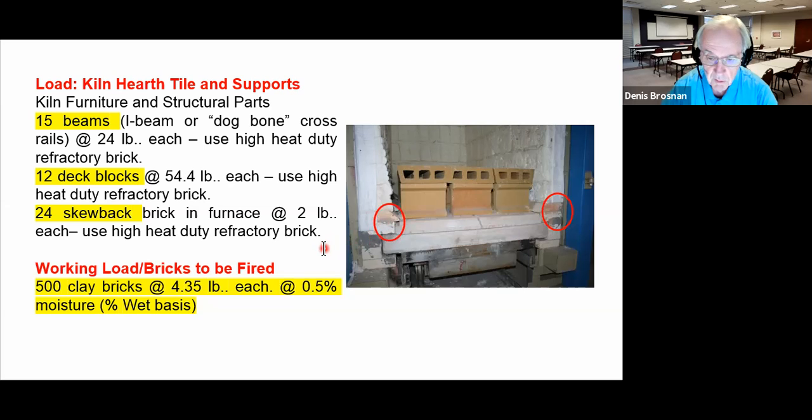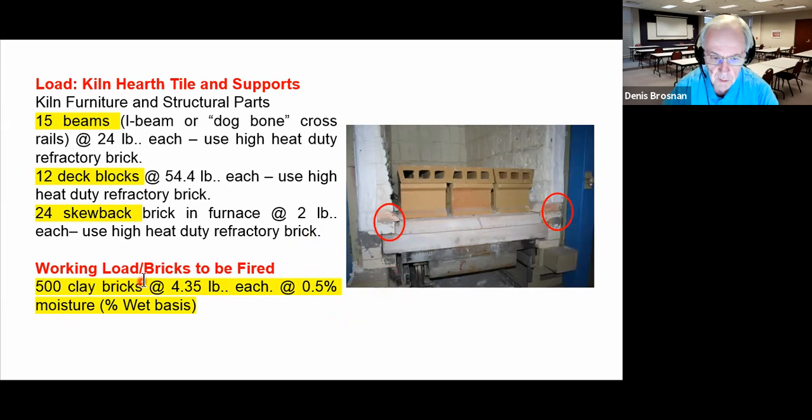Now, this kiln design has been modified later in its life with a fiber deck with silicon carbide post and tile used to fire loads in the kiln. But right now, we're modeling the original installation configuration in the kiln.